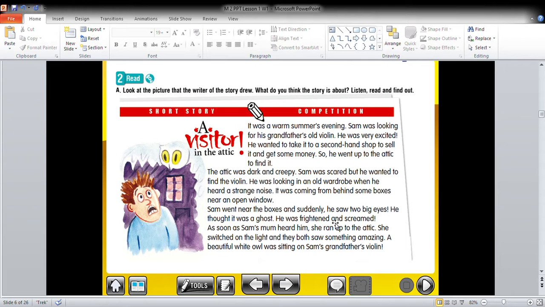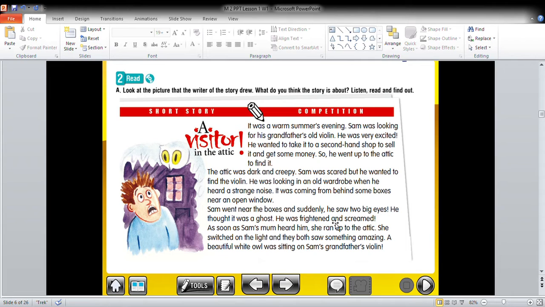Sam was scared, but he wanted to find the violin.